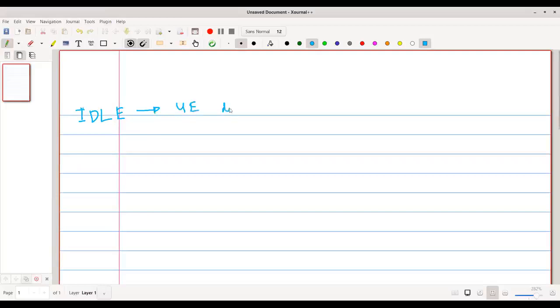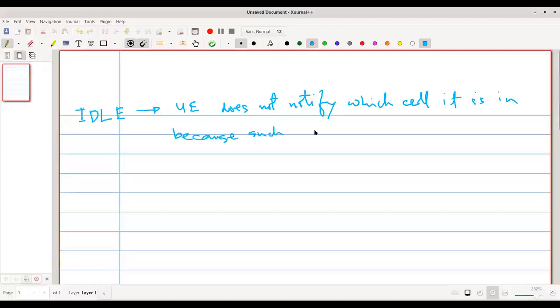The UE does not update which cell it is in, because such notification would consume radio resources.